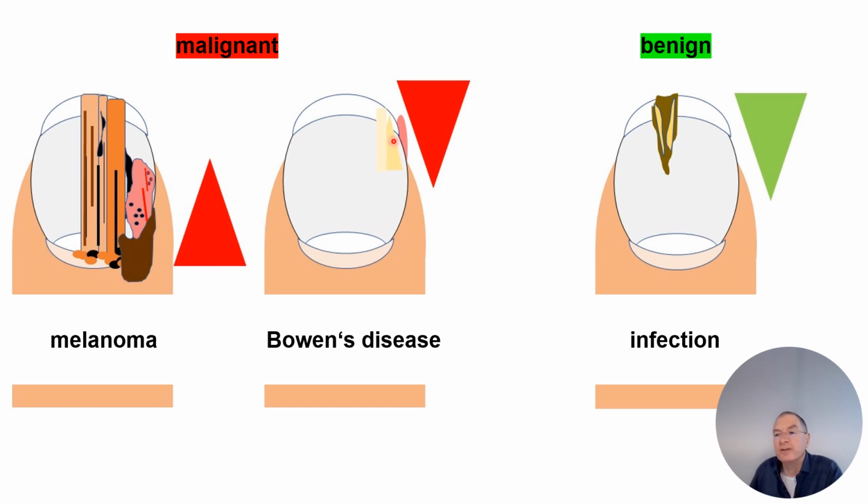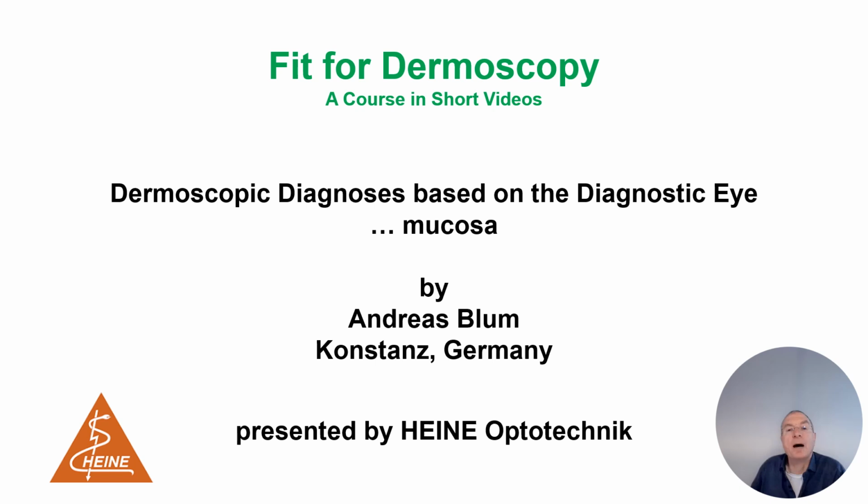From Bowen's disease, we see this very often coming from the distal, from the periphery towards the patient, and also infections are more common from the periphery, but there are also possibilities, especially after injuries, which start in the proximal area. So these are my clues for the region nails.